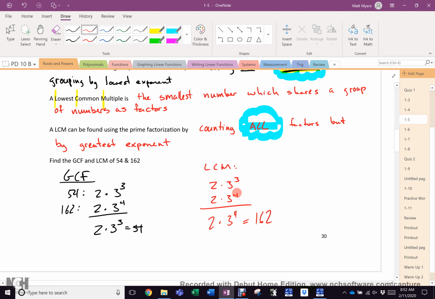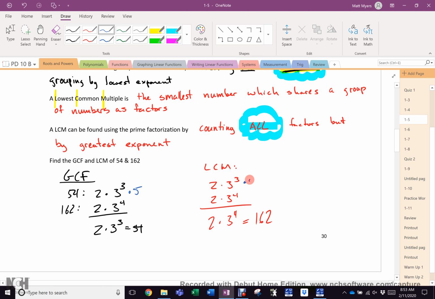When kids have issues is when there's another number here. For example, if we weren't doing 54 and 162, we were doing 162 and 270, then this 54 would also have a 5, right?